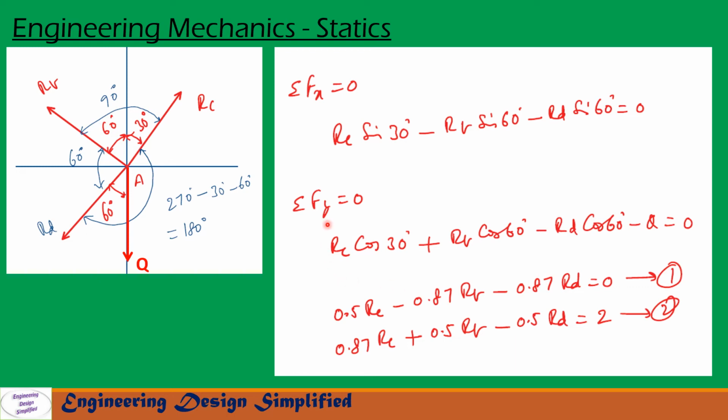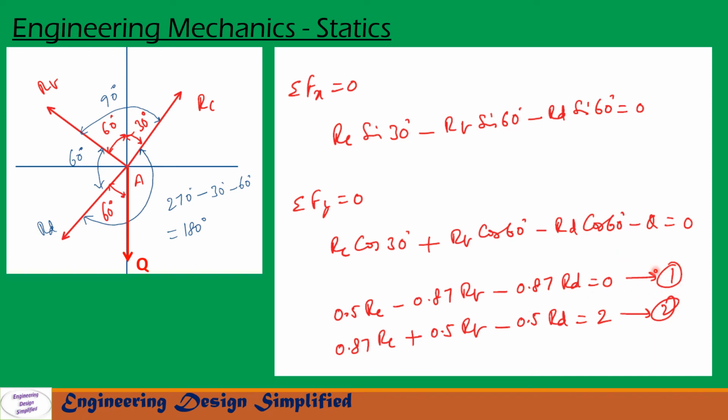Now let us simplify the other equation. It becomes 0.87 RC plus 0.5 RB minus 0.5 RD equals 2. The Q we have taken to the right hand side of the equation. Q is 2 tons, so we have written 2 here. Again here cos 30 is 0.87, cos 60 is 0.5, and again cos 60 is 0.5.